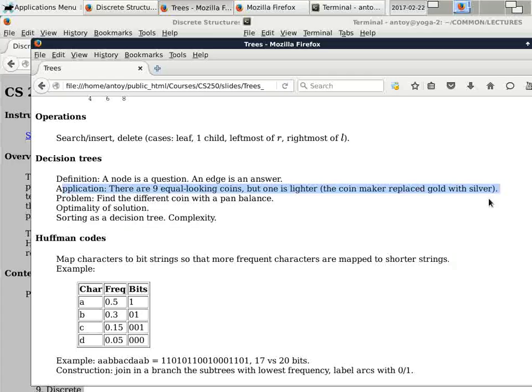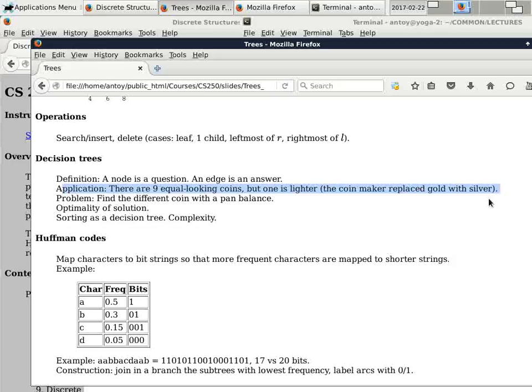We see this as a problem of an algorithm, and the running time is a function of the number of coins. We could do it for 10 coins or for 20 coins. How many times do you weigh in order to find the wrong one? And then we are going to see whether this algorithm is optimal, what is the average case, what is the worst case, and so on.